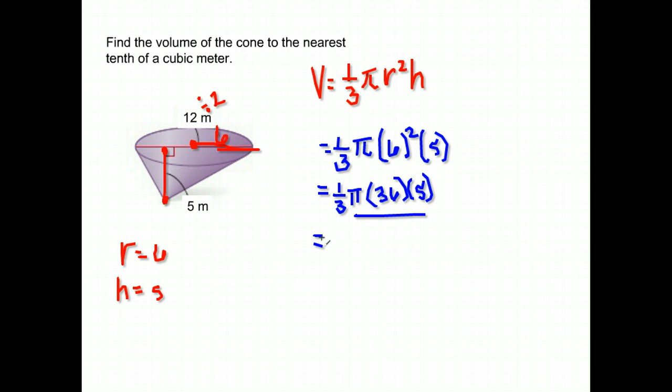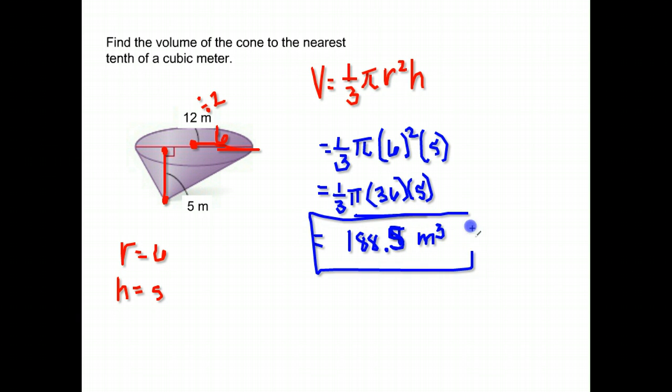Pi times 36 times 5, and then divide by 3. When I do, I get a volume of 188.5 approximately. It was 0.49. I'm going to go ahead and round because it wants it to the nearest tenth of a meter. And that is in cubic meters since it's volume.